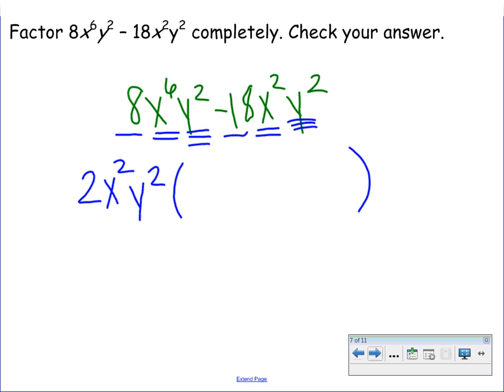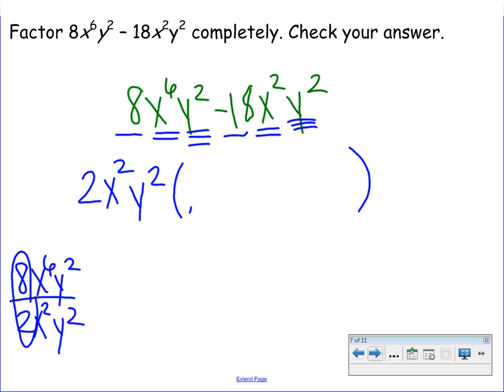Okay, so what you can do is you can think of this as dividing 8x to the 6th y squared divided by 2x squared y squared. Let's see what we get. 8 divided by 2 is 4. X to the 6th divided by x squared. Remember, this is division, so we subtract exponents, we get x to the 4th. Y squared divided by y squared is just 1.